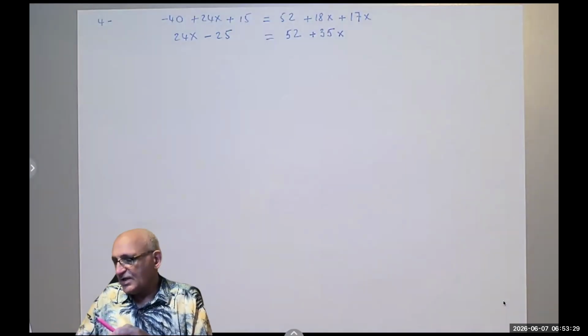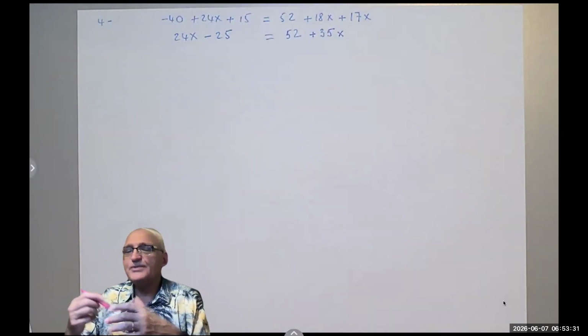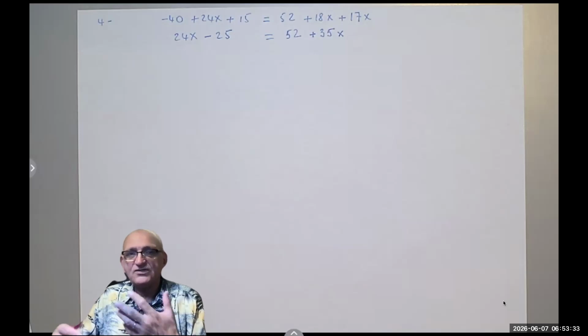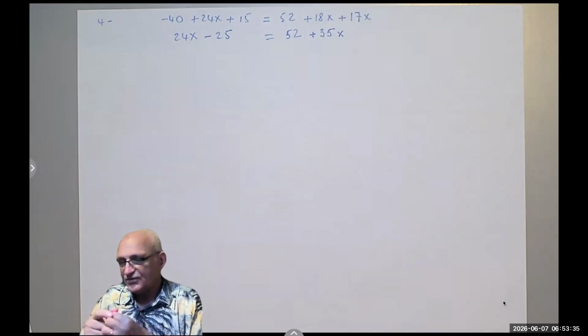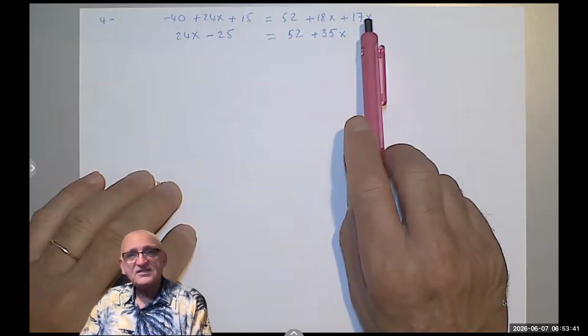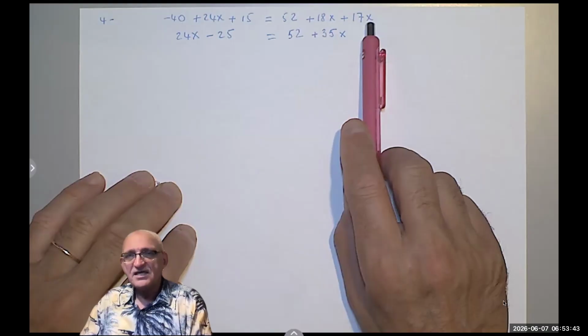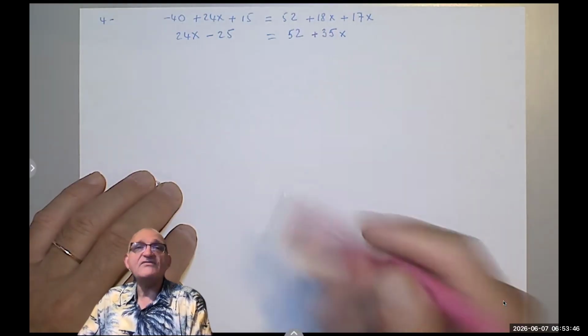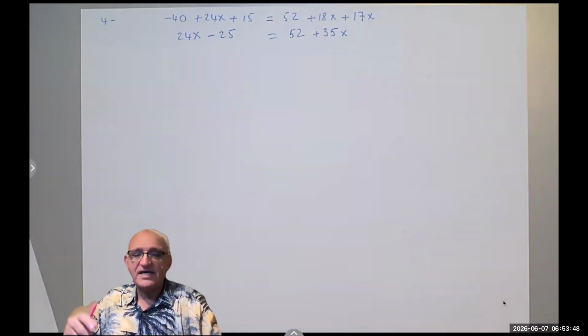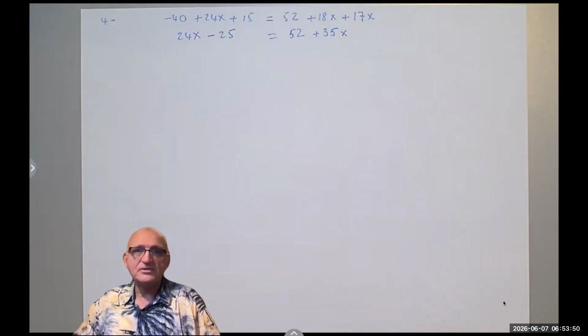Be careful, by the way. I've seen it, especially with beginners or novices, when you are taking algebra for the first time or you are new. People add the 18x plus 17x and they say, oh, 18 and 17 is 35, and they write 35 without the x. That's unacceptable.